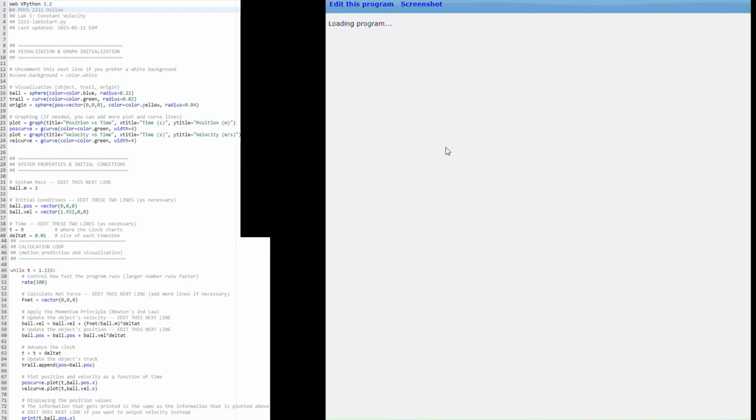Then here is my code for the theoretical half of this lab. So on the left, the only things I changed from the sample code were, on line 36, the ball.vel, which is the initial velocity. I updated that to my measured initial velocity of 1.932 meters per second.